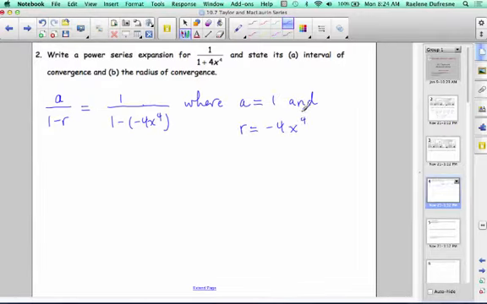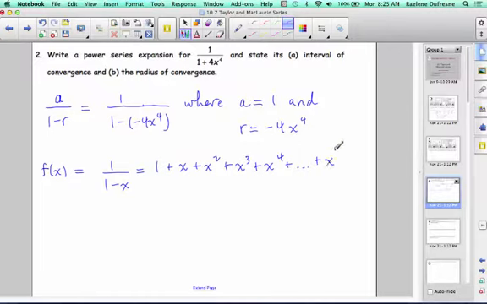So if we start off with our basic f of x, which is 1 over 1 minus x, and we have 1 plus x plus x squared plus x cubed plus x to the 4, etc., plus x to the n plus ..., then we can say that f of -4x^4 is going to give us the same thing.